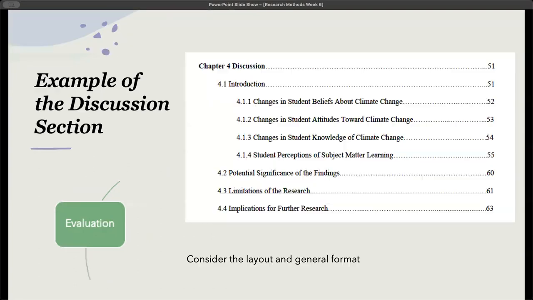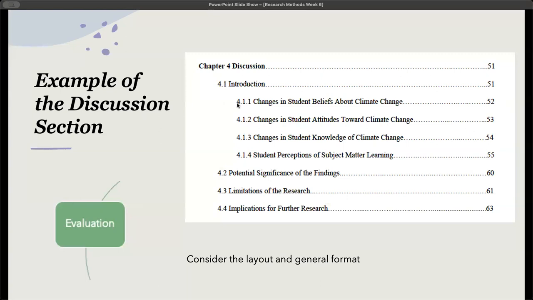So the next thing you really want to consider is how are you going to organize your ideas for this chapter? And how are you going to do the layout and general format? So here's an example where we have the introduction. In the introduction, the author of this thesis drew back on the previous literature and the research problems with a summary of the findings.